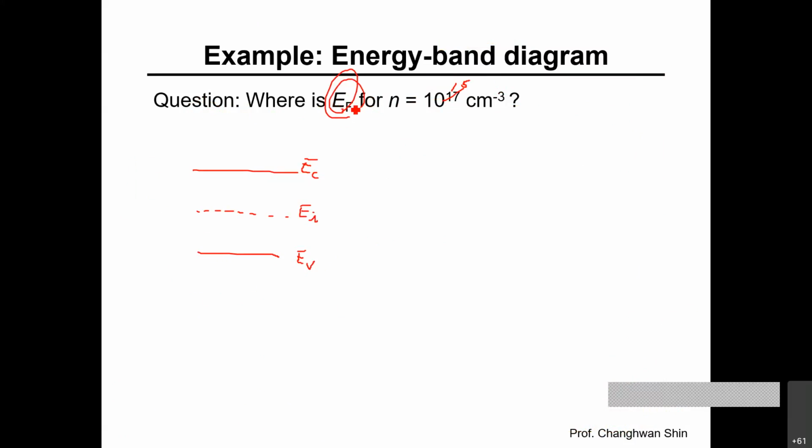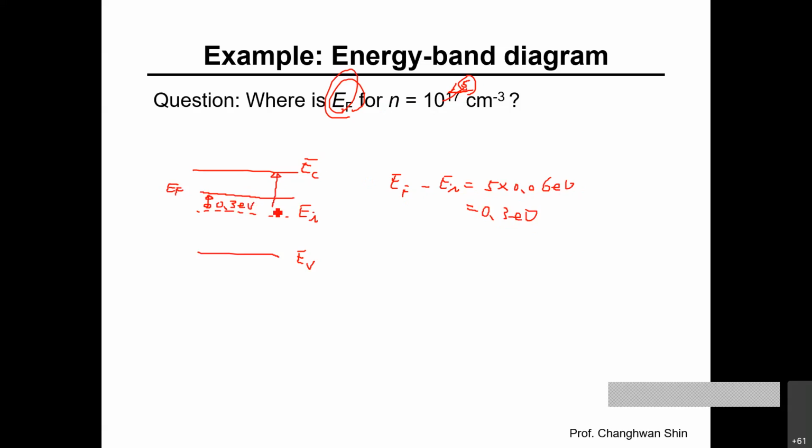The question is, where is the Fermi energy level? 10 to the 15, take a 5. So EF minus EI is 5 times 0.06. So draw the Fermi energy level, and this energy difference is 0.3 electron volt.